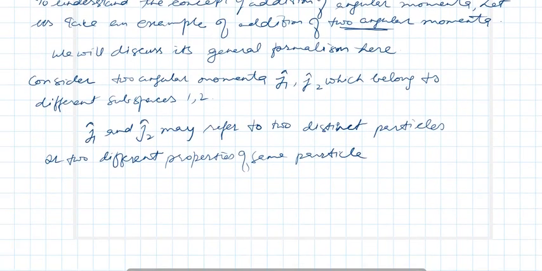For example, what does it mean that two different properties of the same particle? This is clear from a certain example.